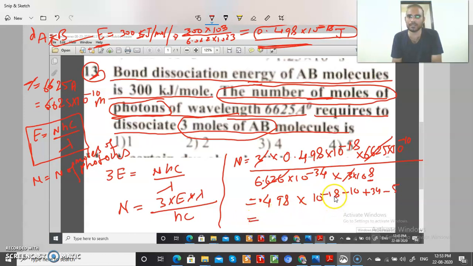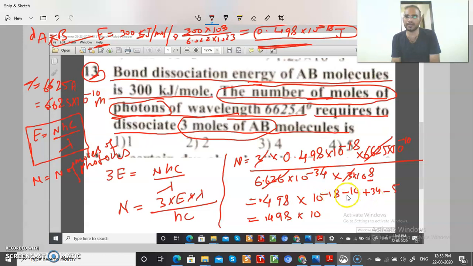If I am removing the point, student, what we can do, okay, let me take 498 into 10 power, see, student, that is minus 18 minus 10 minus 5. So how much will come, student?